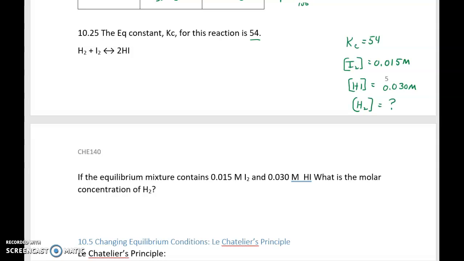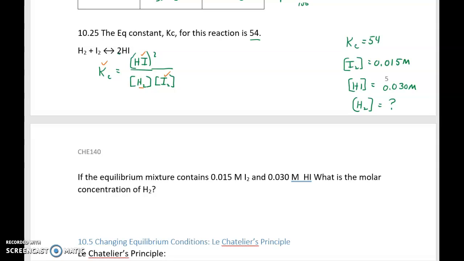Well, I can take my equation over here and I can write my equilibrium constant. The equilibrium constant is going to be equal to the product, and in this case it's going to be squared, divided by hydrogen concentration times the iodine concentration. And if we look at this, I know this number, and I know this number, and I know this number. So the only number I don't know is this hydrogen concentration.